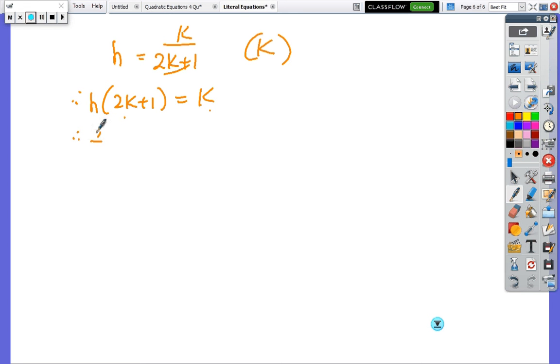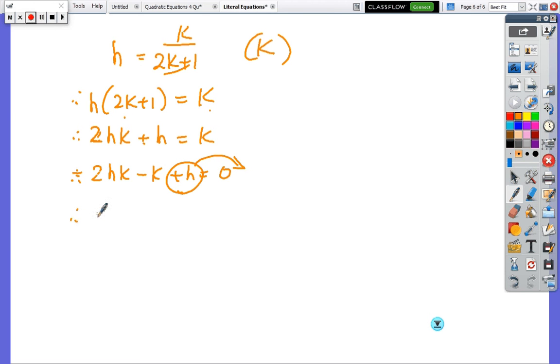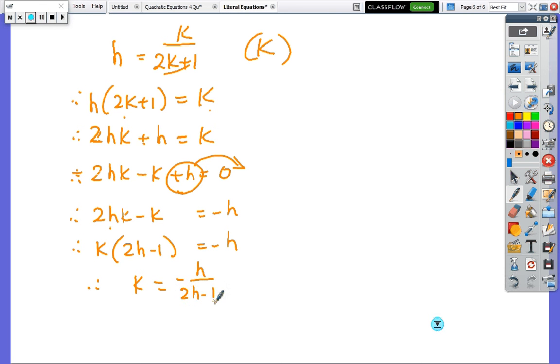So 2hk plus h equals k, and then therefore 2hk minus k plus h equals 0, and take the h across, so it's minus h. Then because we've still got k, we can make it a single k by factorising. So k times 2h minus 1 equals minus h. So k equals minus h, divided by 2h minus 1, which is the correct answer.